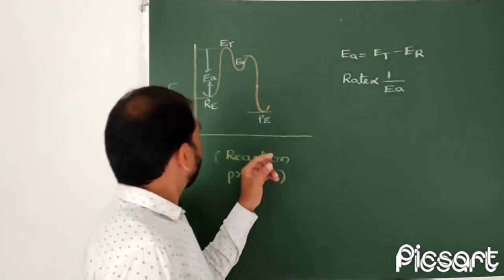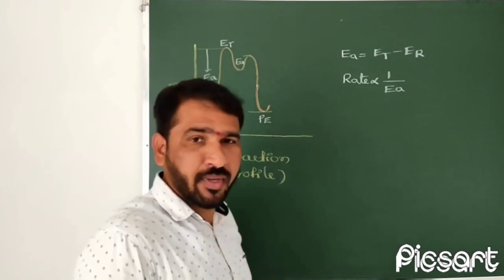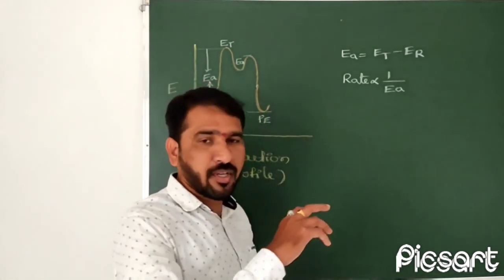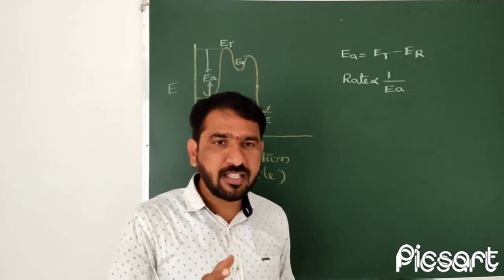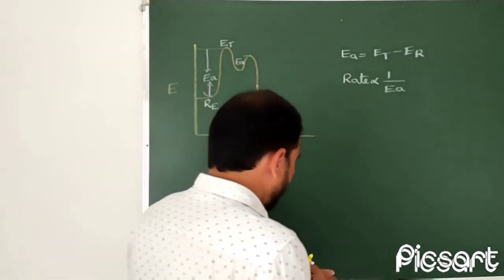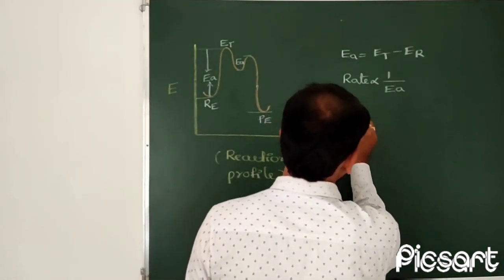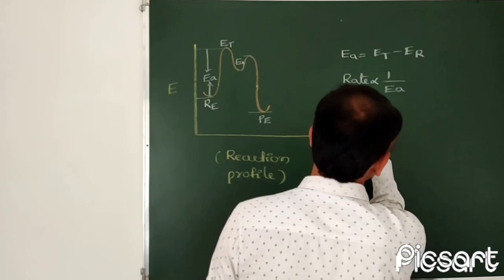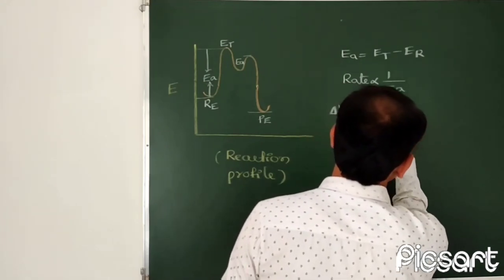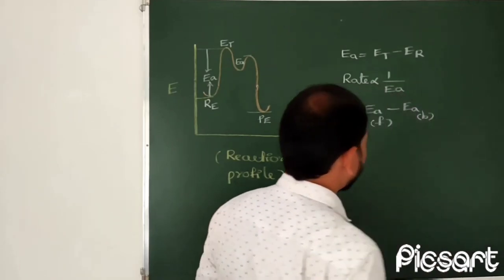Then first step exothermic in nature or endothermic in nature, second step exothermic or endothermic in nature. That is also cleared by taking this graph. Then here reaction enthalpy is equal to activation energy of forward step minus activation energy of backward step.